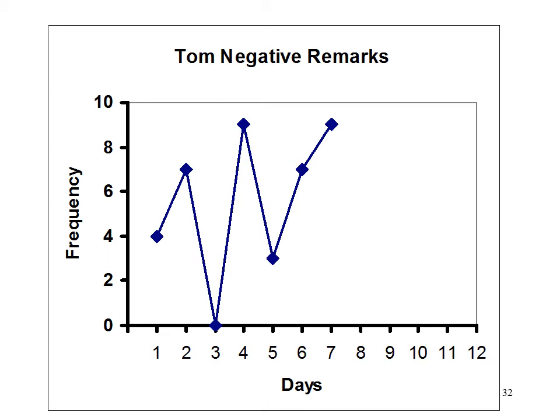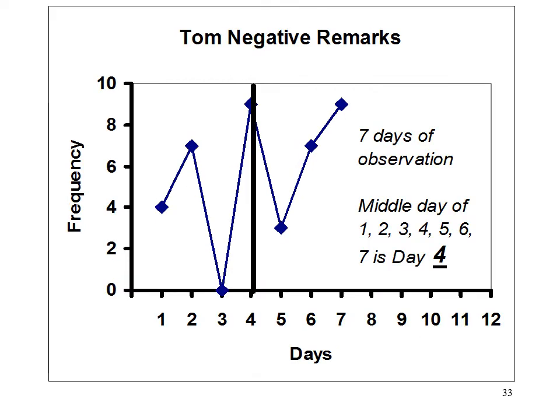If we're going to draw a trend line, what's our first step? Well, we have to find the middle value, and we draw a solid vertical line in pencil where that middle value is. And it would be on this data point, because again we started with an odd number, so our middle point is actually resting on top of one of our data points.